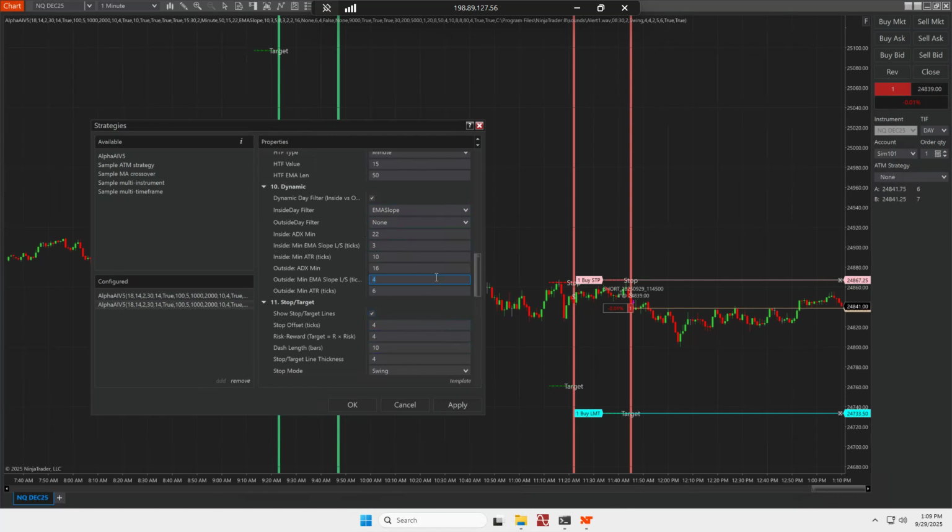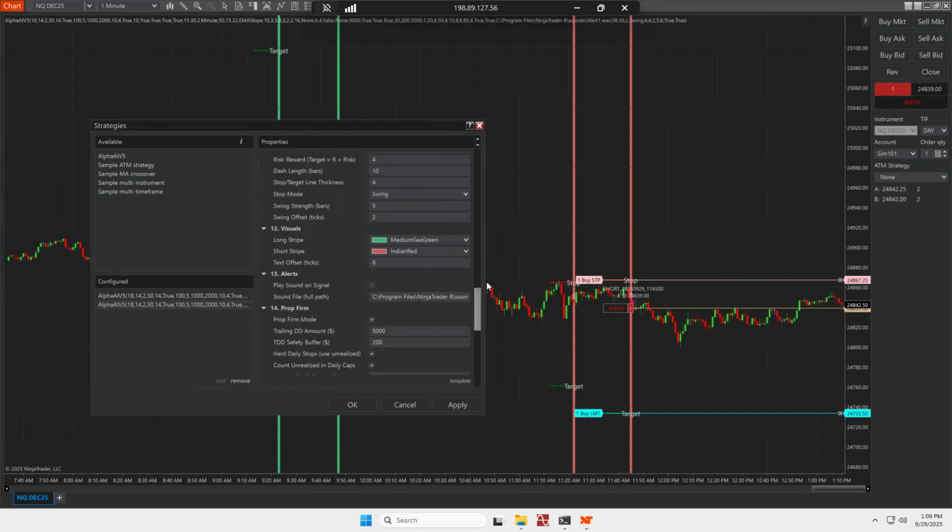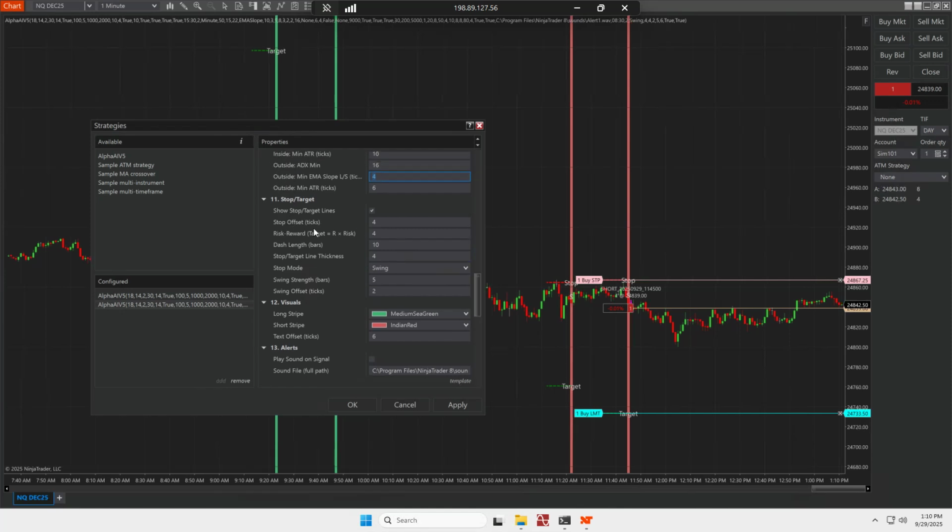It's very, very good. Now we have the stop targets. Stop offsets: how many ticks offset? Before I talk about the offset, the new thing about the V5 is the stop mode. You can change how you want the stop loss to be: a bar high and low, or at the swing.